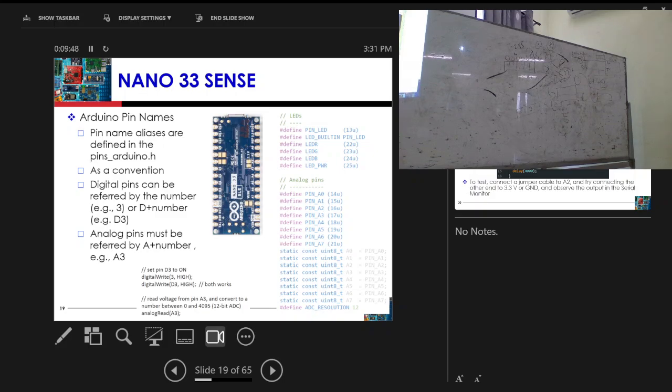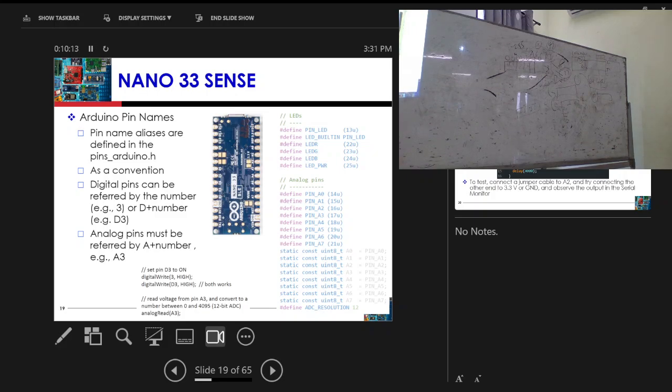And then I said something important, and I know probably everybody has already forgotten. I said that if in my code I declare a number like 3, what does it mean? Am I referring to the digital pin or the analog pin? If I do D13, what am I referring to?